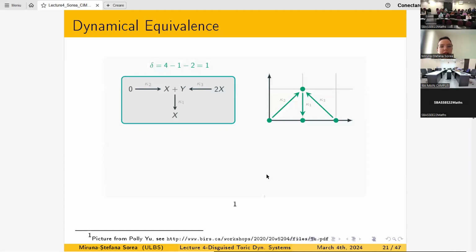And last time I said a bit about this example here. For this graph, we have deficiency 1 if you compute it. And you see at some point, using the recipe for getting the system, such a vector times the monomial and the rate constant.